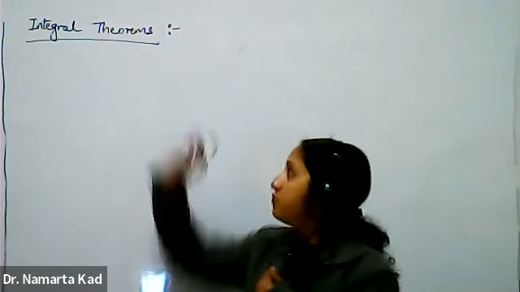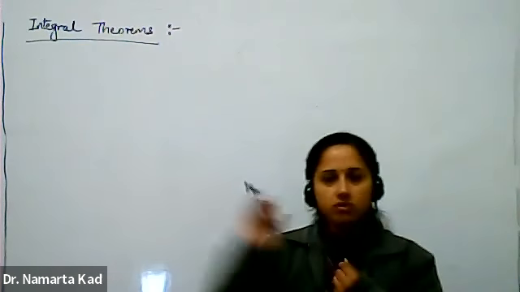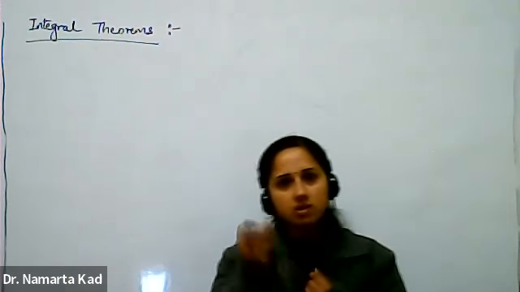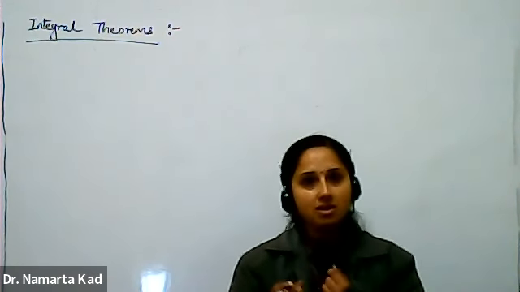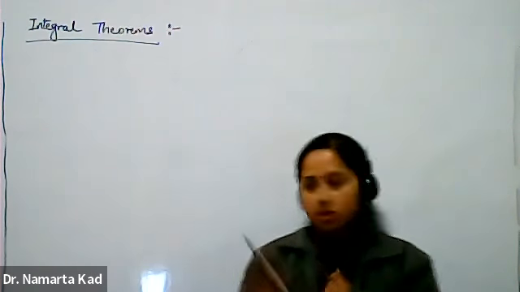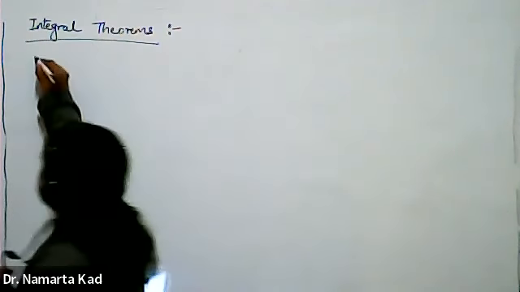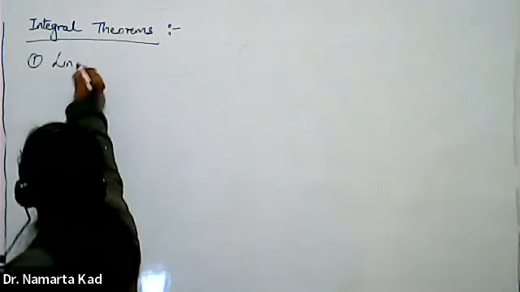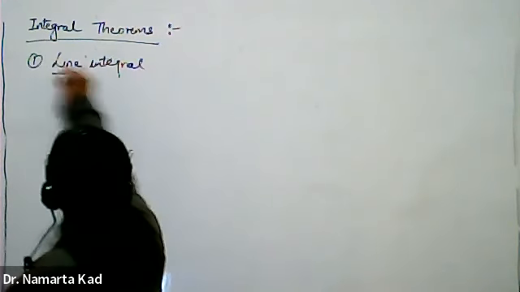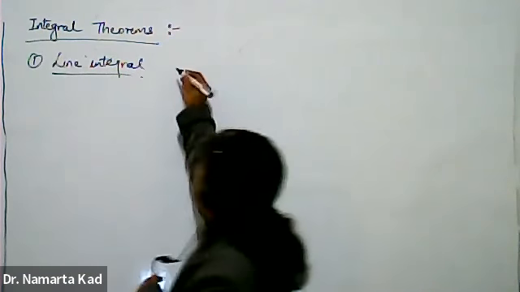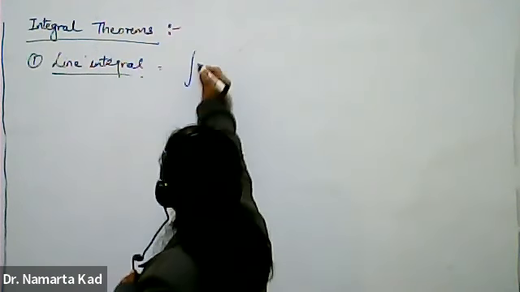Before starting with the theorems, we need a little introduction to some terms: line integral, surface integral, and volume integral. So there are 3 terms. One is the line integral.